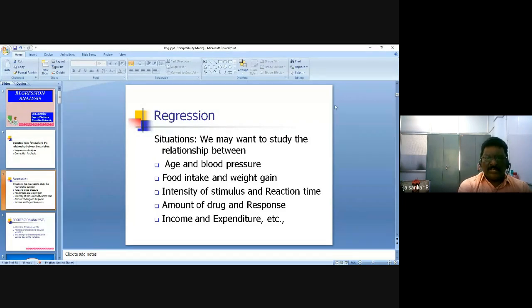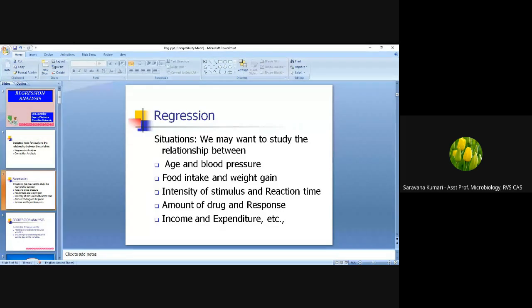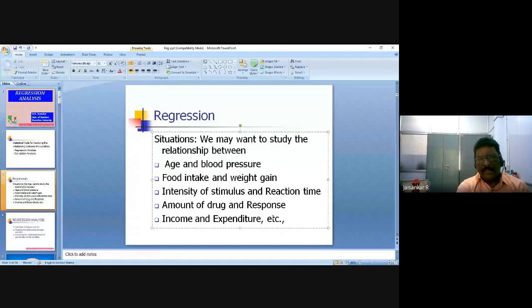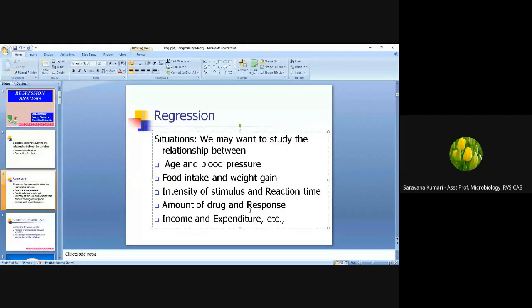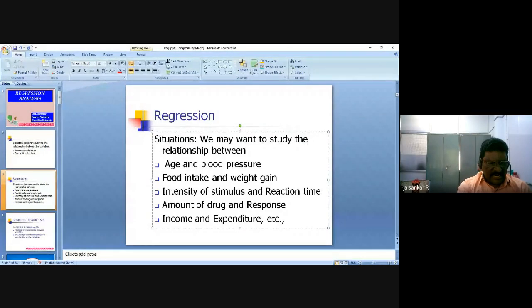So consider these situations: age and blood pressure, food intake and weight gain, intensity of stimulus and reaction time, amount of drug and response, income and expenditure.